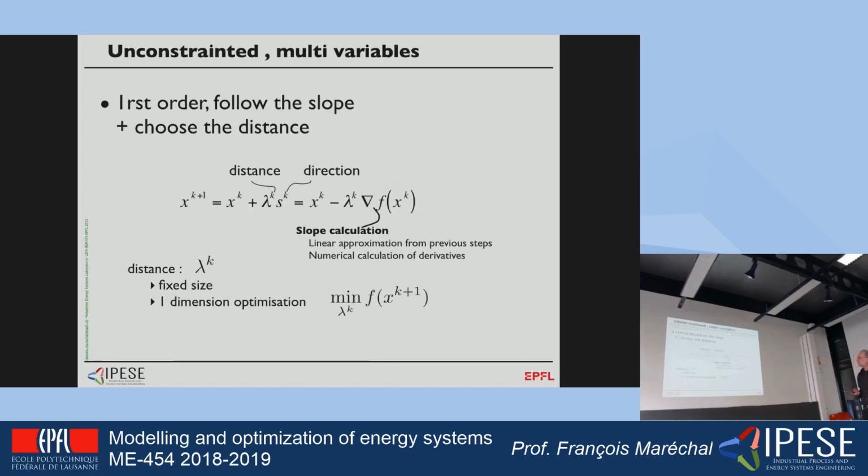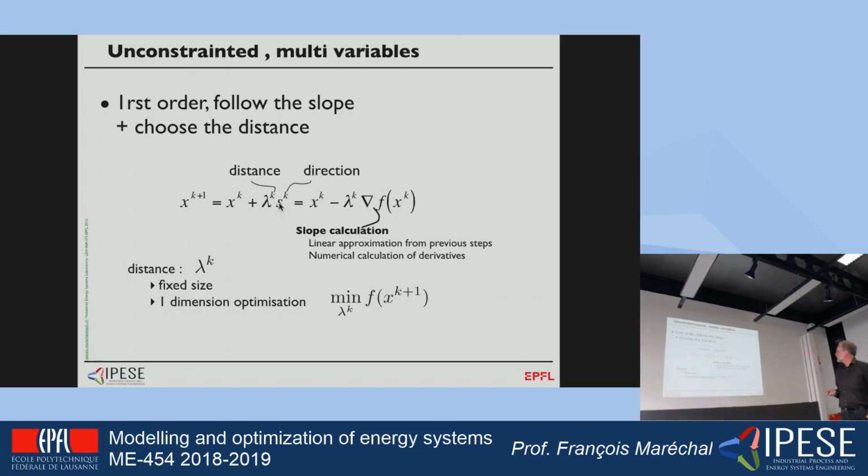Now, if I have more than one dimension, then I will have to be smart. The way to be smart, if my goal is to find the value of an objective function, is to learn from the past. So it means that I'm going to try to identify in which direction I have to search, and the direction is going to be obtained by looking at the slope, which gives me information on the direction.